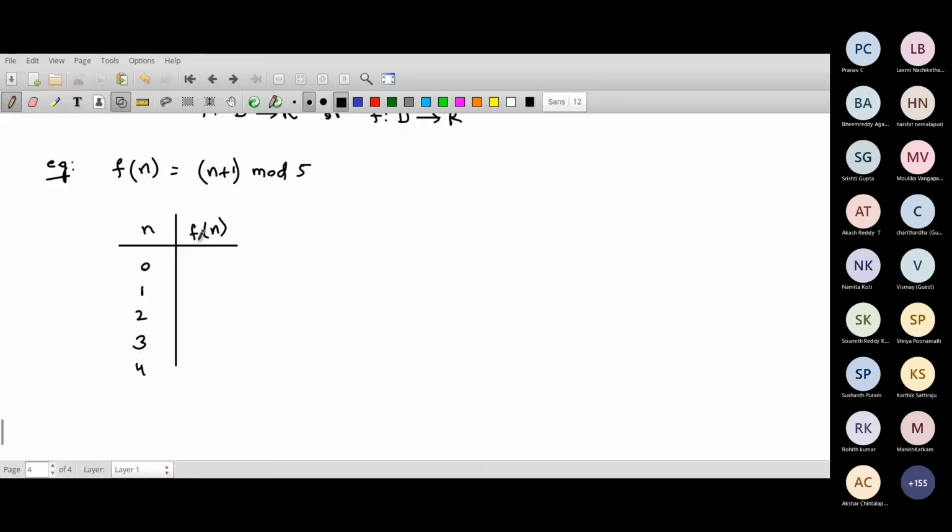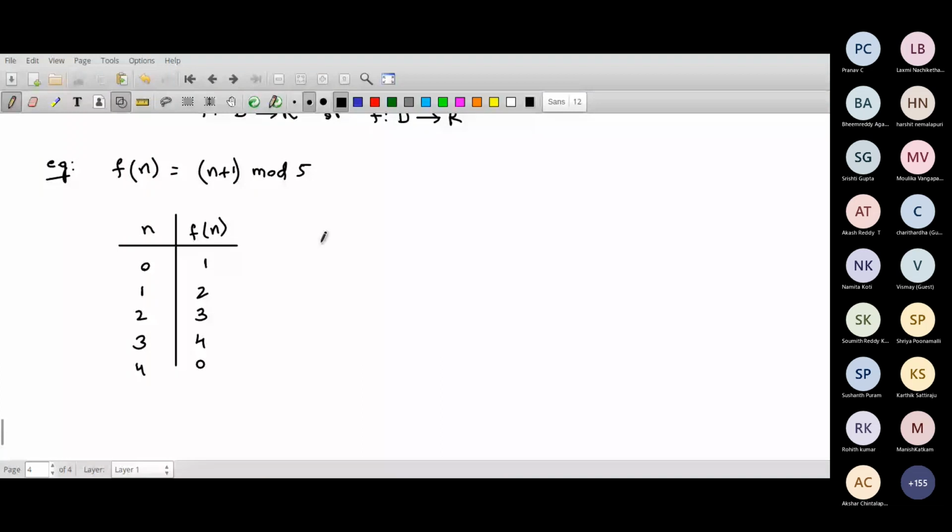Then f of 0 will be 0 plus 1 mod 5, that is 1 mod 5, which is nothing but 1. And f of 1 is 1 plus 1, 2 mod 5, that is nothing but 2. f of 2 is 3 mod 5, that is 3. f of 3 is 4 mod 5, that is 4. f of 4 is 5 mod 5, and 5 mod 5 is 0. Okay.